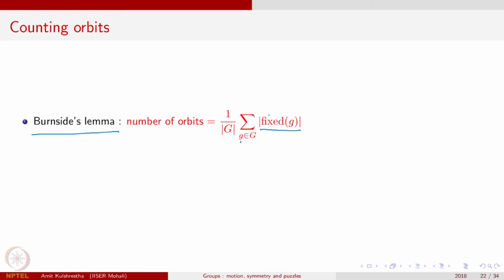Take the summation and divide it by the size of the group, and that is actually the number of orbits. It's popularly called Burnside's lemma. So this is the average number of fixed points. So average number of fixed points equals number of orbits is what Burnside's lemma says.